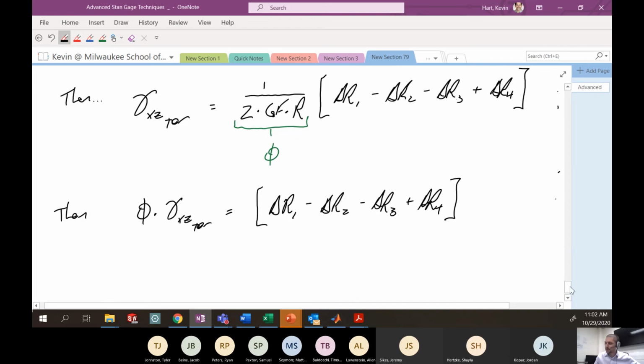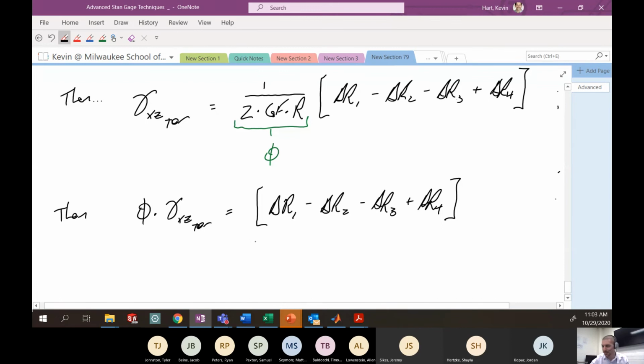Again, pretty cool. A constant value multiplied by the torsional reading that you desire is going to be equal to these changes in resistance of each of the gauges.